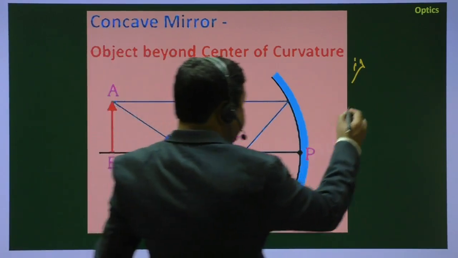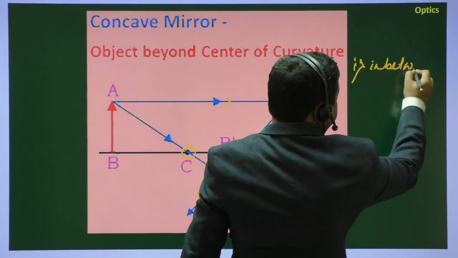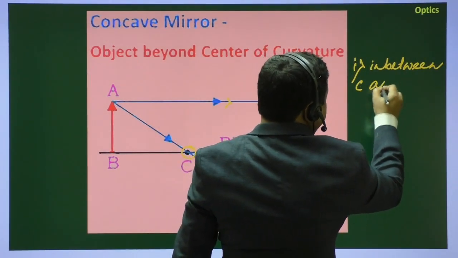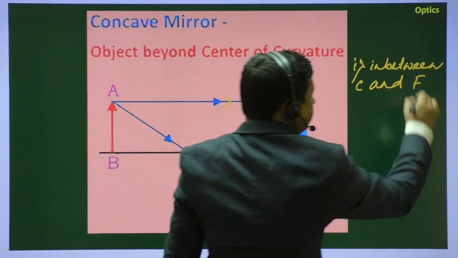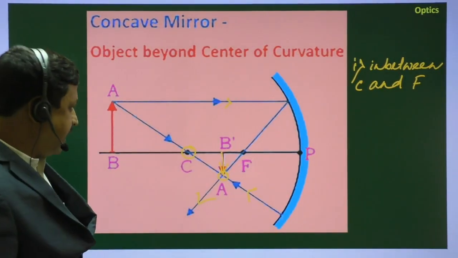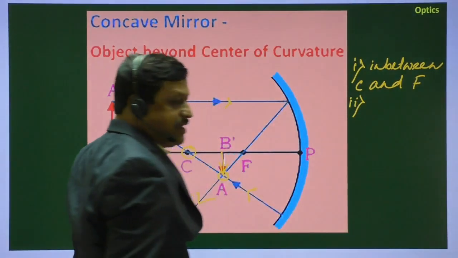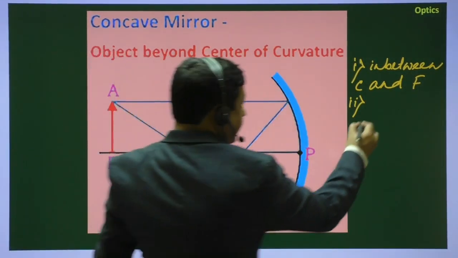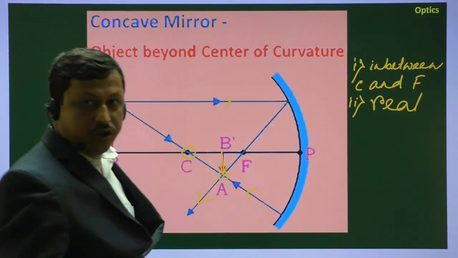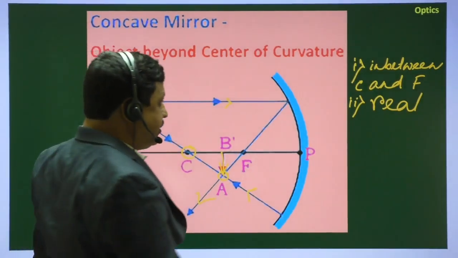Obviously the position of the image is in between the center of curvature and the focus point, okay. That is the first characteristic. Second characteristic is the image is real. You know the real image and virtual image; this will be a real image.